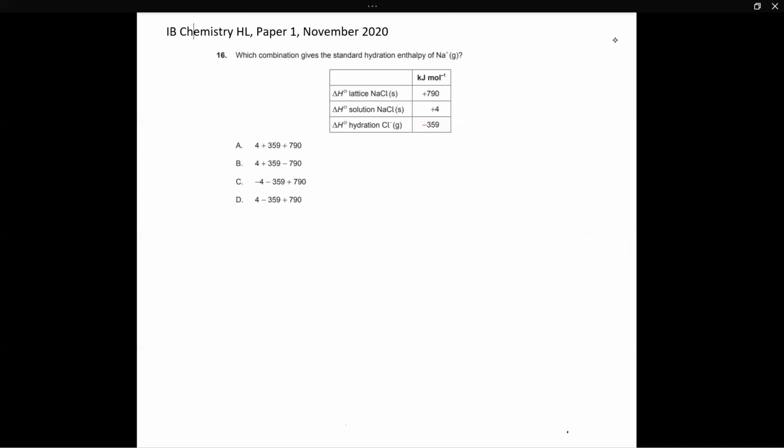So the enthalpy of solution is 4, and the enthalpy of solution is equal to the lattice enthalpy, which is 790, plus the enthalpy of hydration for the chloride ion, which is negative 359, plus the enthalpy of hydration for the Na+, or the sodium ion, which we do not know, so I'm going to call it X.